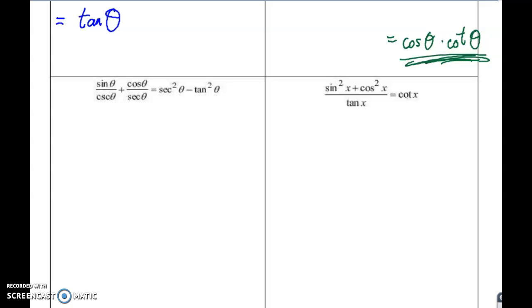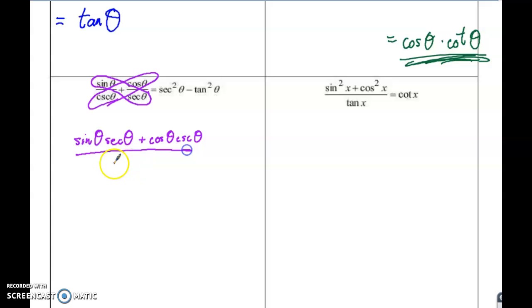So as I move forward to the next one, again, I don't know what's more complicated to you guys, and I'm just trying to get this done before the video is over. So I'm going to just start with my butterfly method, where you do sine theta secant theta. This might be terrible advice. And then my other butterfly would be this way: cosine theta cosecant theta over cosecant theta secant theta.